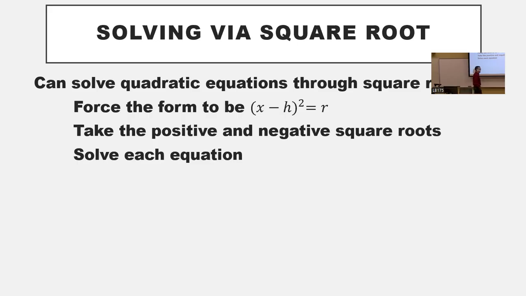The next option for solving a quadratic is solving via the square root property. When we solve via the square root property, this is useful when I can get the equation to look like x minus a number squared is equal to some other number.